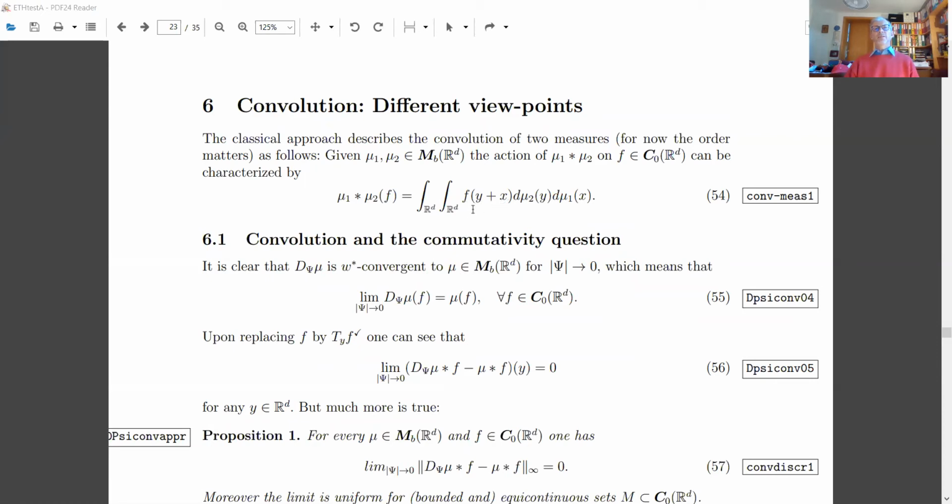Now, clearly this function at every pair x and minus x will be the value at 0. So this function f, which maps x and y to f of y plus x, or x plus y, is not decaying at infinity.